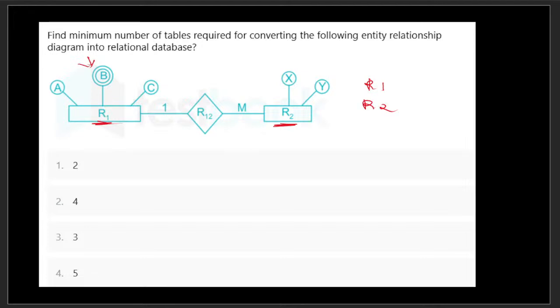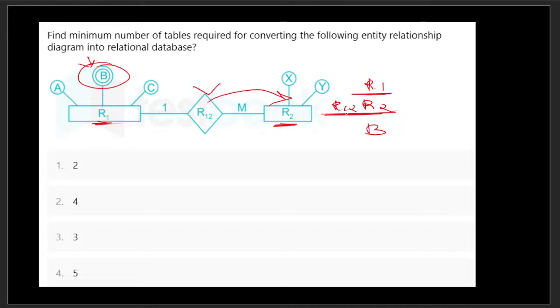But the entity R1 contains multi-valued attribute B, so we need one more table for B, which will have the key of R1 merged with B. When one to many is there, the relationship attributes merge with the many side, so R12 will merge with R2.